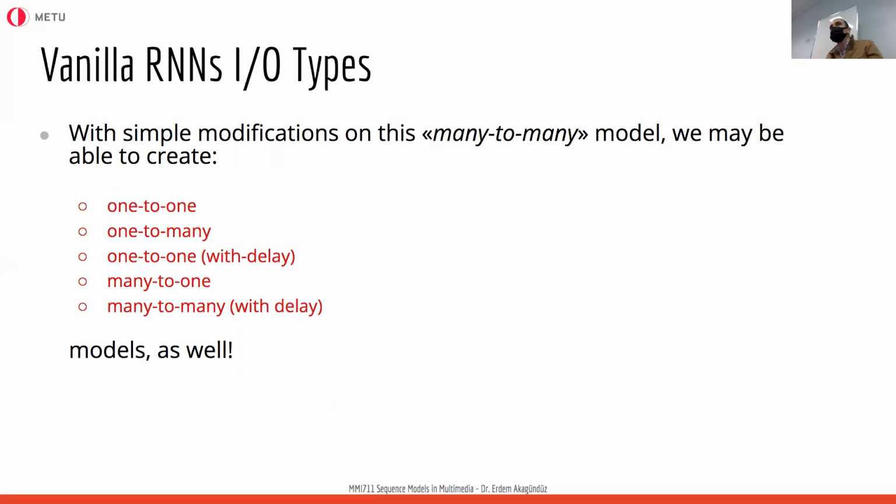Because in the end, when you're applying a sequence model to a problem, what you do is design an architecture. So this will be the first practice of doing such a thing.